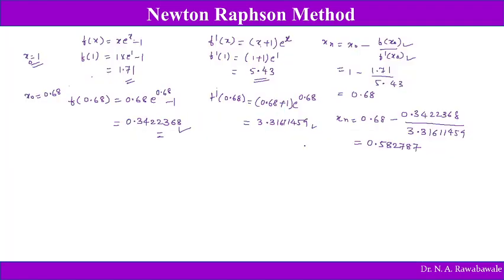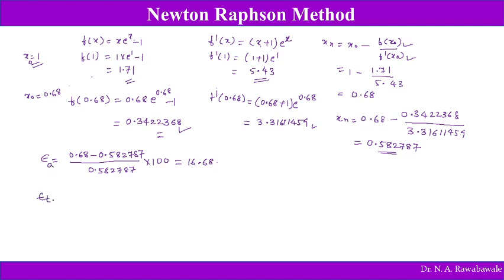So to find approximate error: the previous approximation was 0.68 and the revised approximation which we obtained is 0.582787, divided by 0.582787, into 100. So this gives us approximate error as 16.68%. This is approximate error.